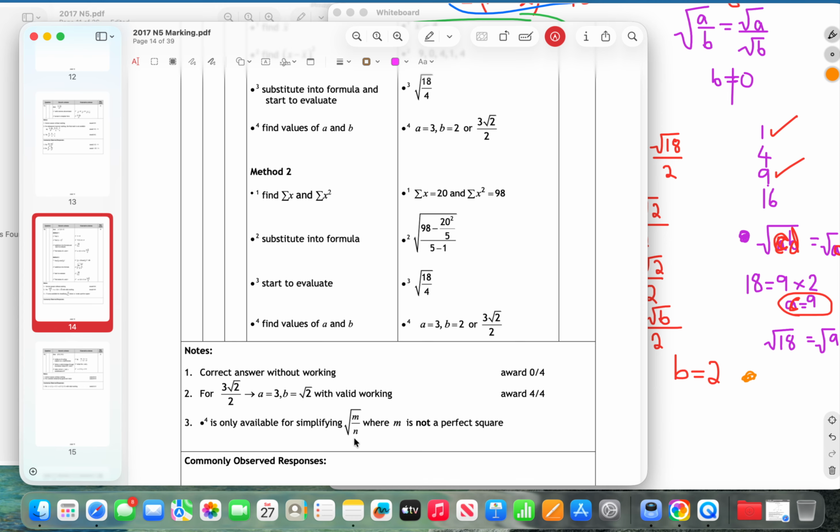So you would lose the follow through mark if, for example, you put m is, I don't know, 16 or 25, because simplifying a perfect square, so 16, 25, 36, etc., those are much easier to then simplify. 18 isn't a perfect square, so you've essentially made the question easier for yourself than intended, so they would take the follow through mark away.